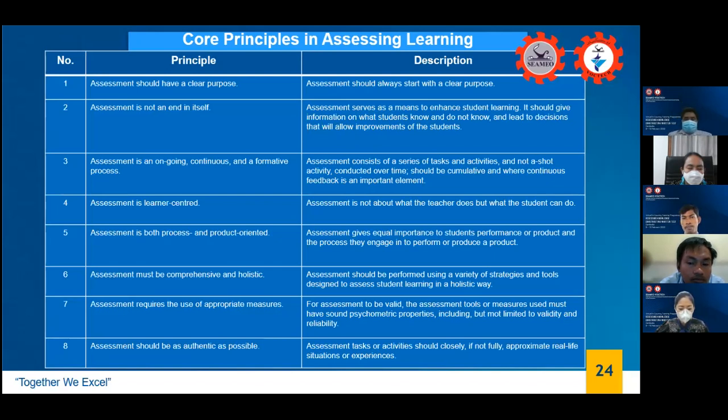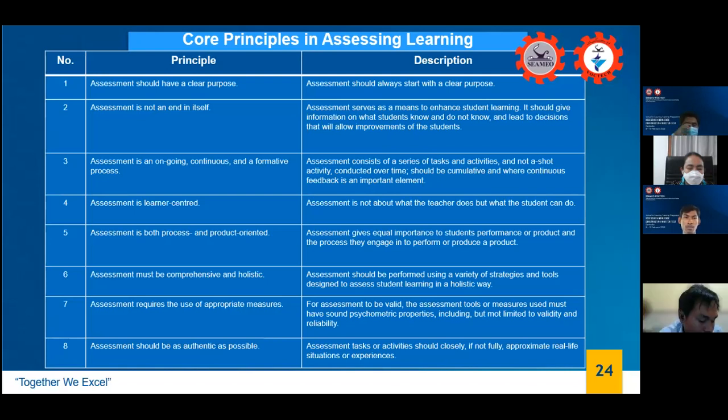Your assessment should never have an objective such as, I want to see if they are ready, or I want to know if they can answer difficult tests. That is wrong. You say, I want to know if they can perform based on the learning objectives. Then you are fine. Okay?